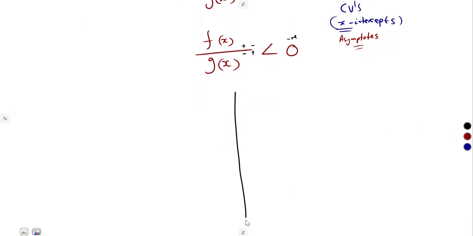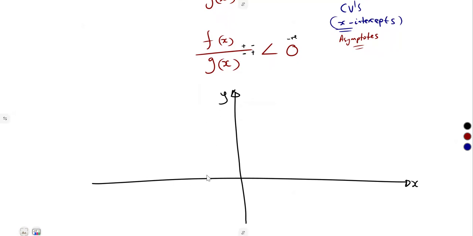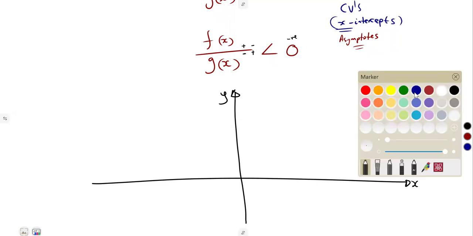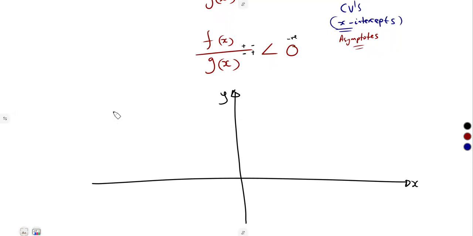So I'm just going to use a similar diagram. We had a diagram of this nature in our previous class, so I'm going to work with that one so that we do not waste our time. In this case, we have our f of x and also g of x. Let's say this is our f of x, which is a parabola, just like before. These are the x-intercepts at -4 and +1.